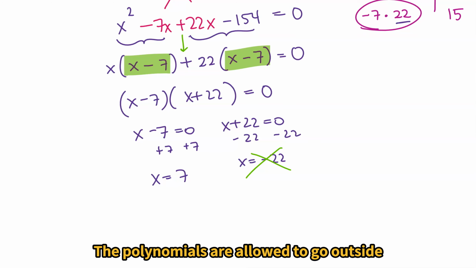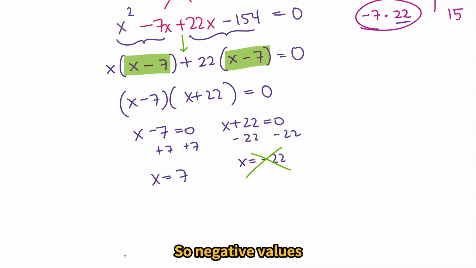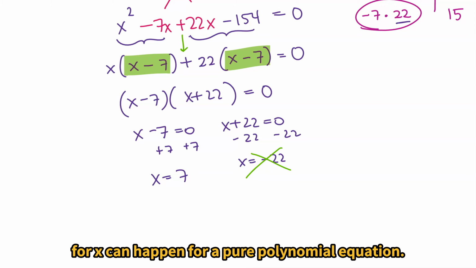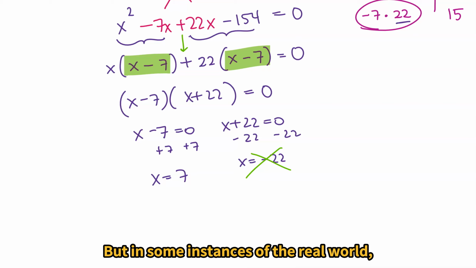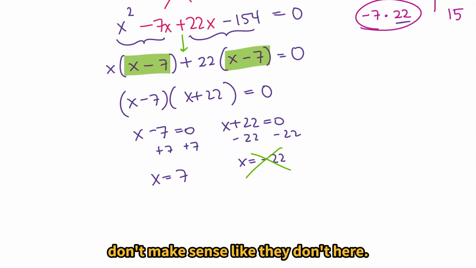The polynomials are allowed to go outside the constraints of the real world. So negative values for x can happen for a pure polynomial equation, but in some instances of the real world, negative x values don't make sense, like they don't here.